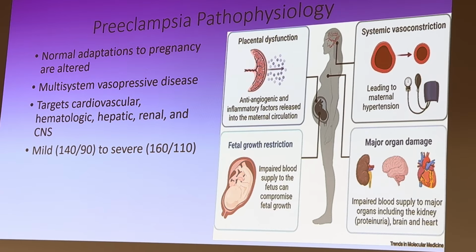So the way the placenta implants and the way those spiral arteries form, there's some sort of vasoconstriction occurring because of the vessel damage that's causing this vasopressive disease. So that is why we also have headaches, because we have extreme vasoconstriction.